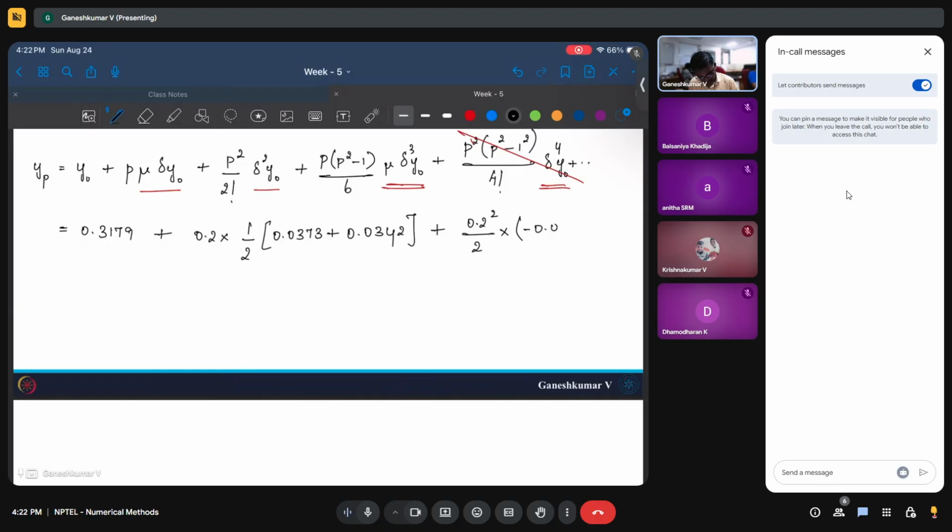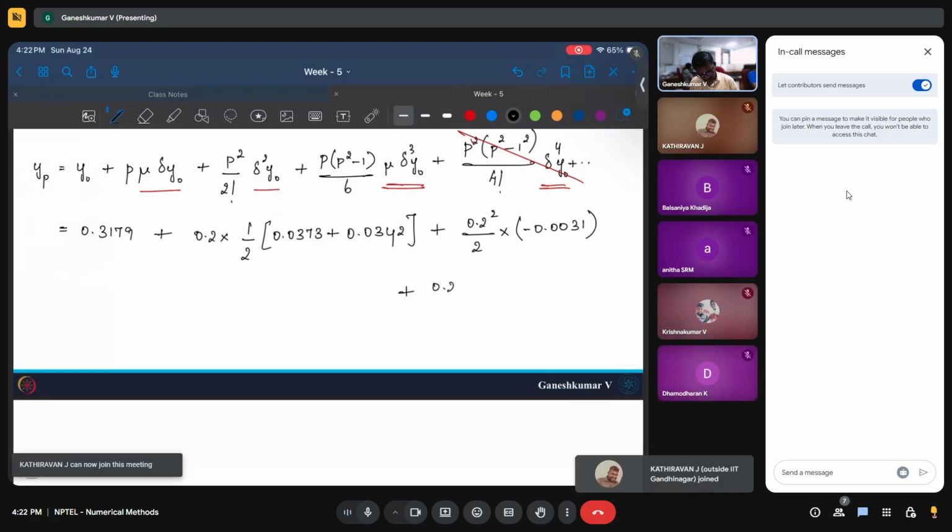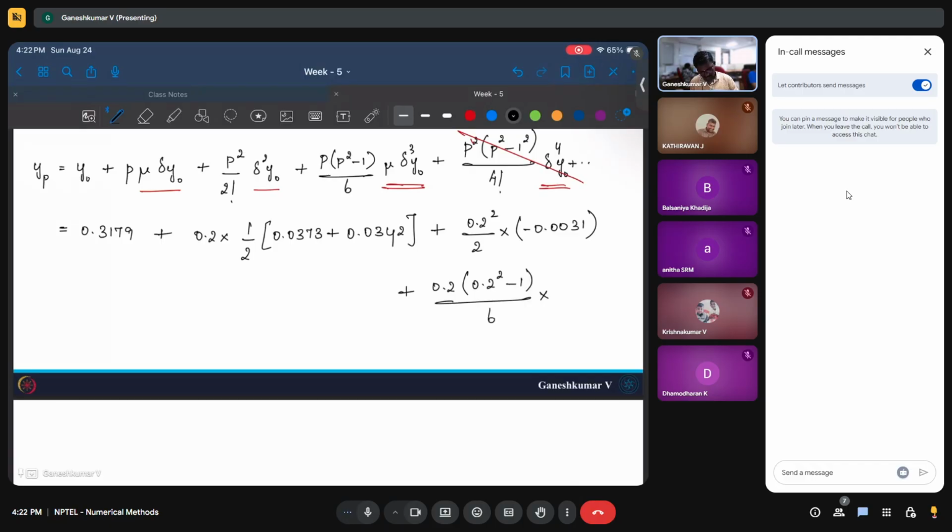Minus 0.0031 plus 0.2 into 0.2 square minus 1 divided by 6 into, again you have an average operator.